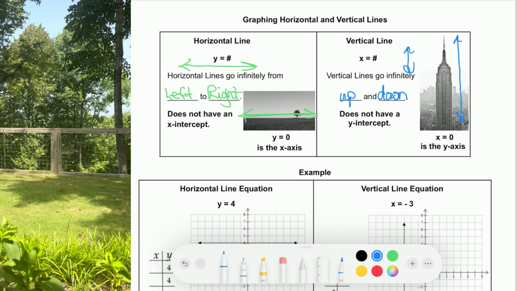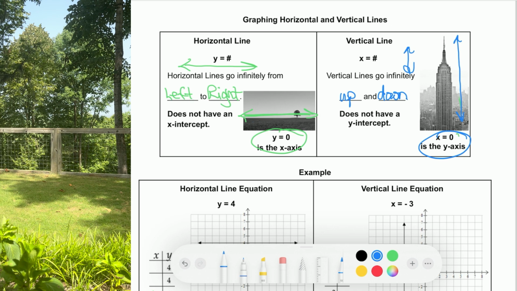One other point is the point right here and the point right here. If you see an equation that says y equals 0, this is the only time that a horizontal line will actually touch the x-axis. It's because it is the x-axis. So if y is 0, your x-axis is your line.